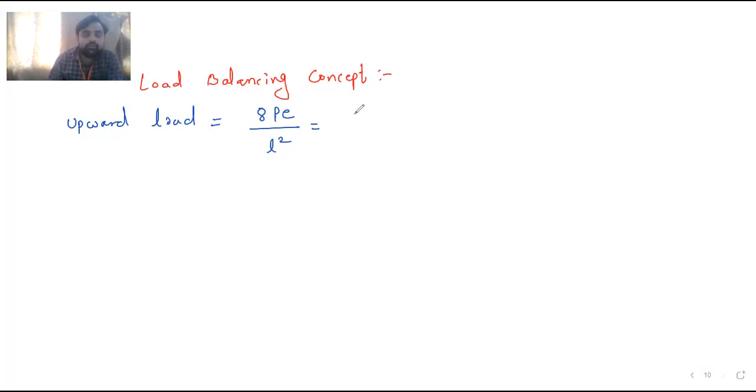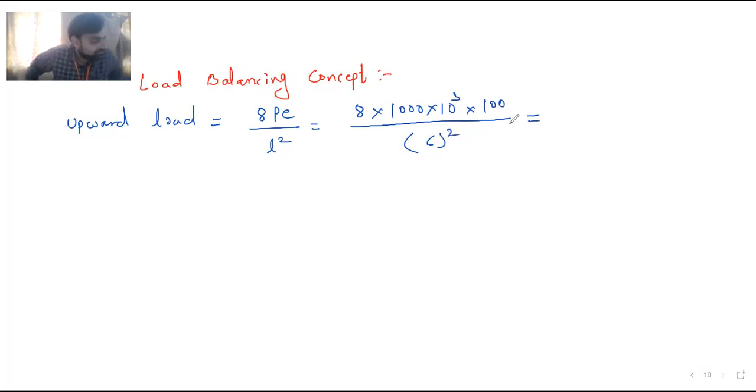So here 8P is 1000 into 10 raised to 3, divided by L square. Span is 6 meter. Solve it. Answer please.